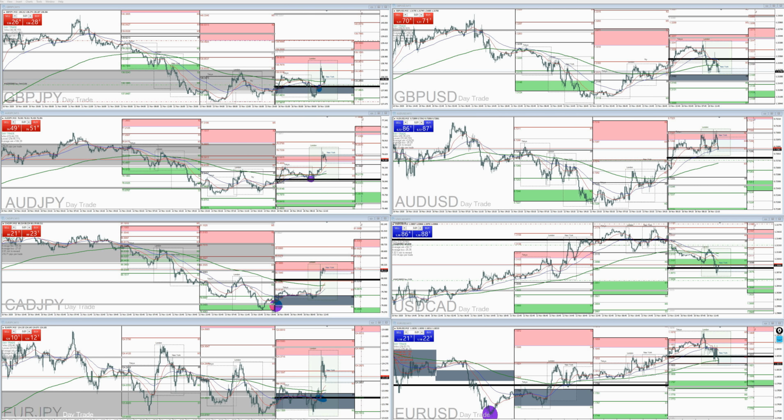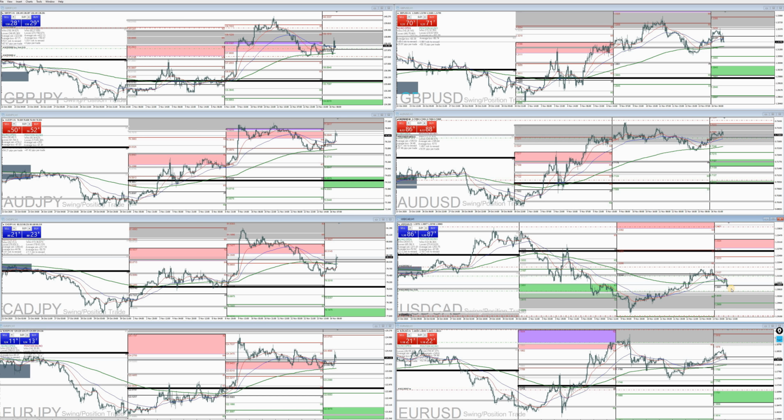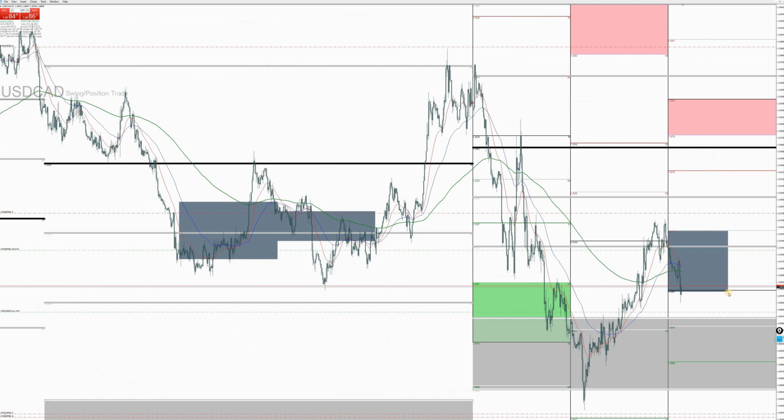Okay, I just updated all the trade setups. So what I'm going to start doing is I'm going to go back to my swing trading, and I'm going to mark where I entered for my swing trades, just to keep everything more organized. Okay, let's go ahead and enlarge this here.